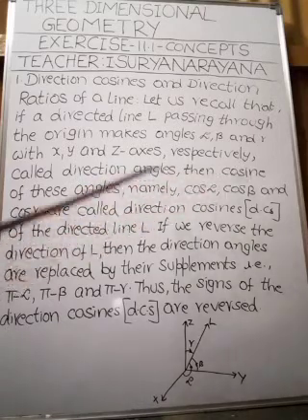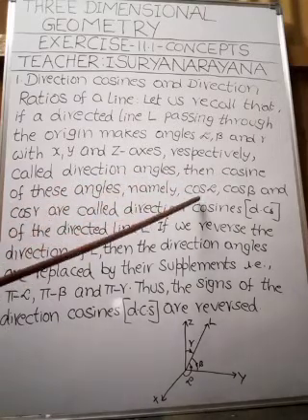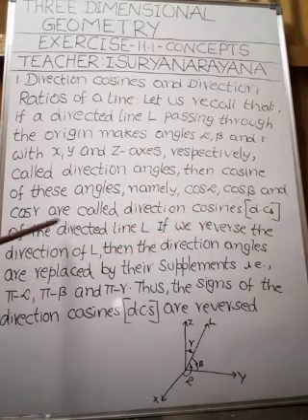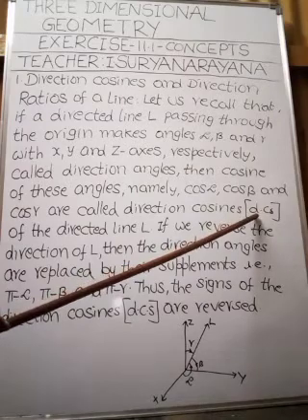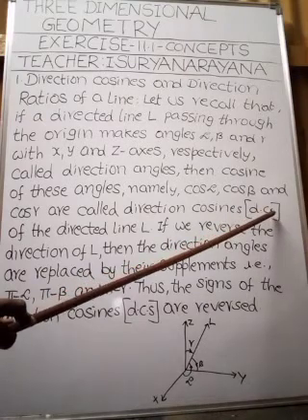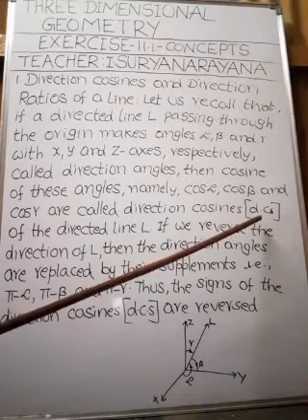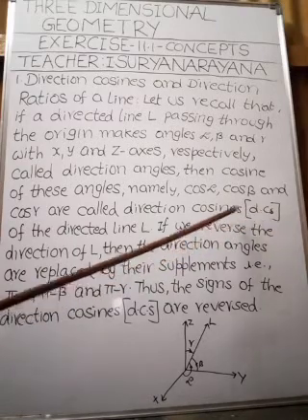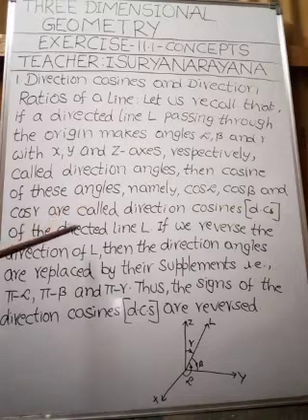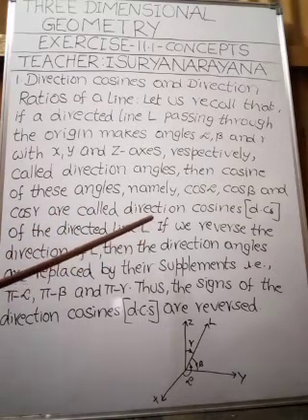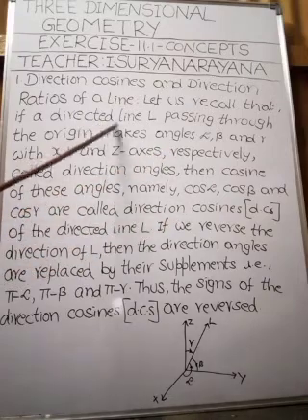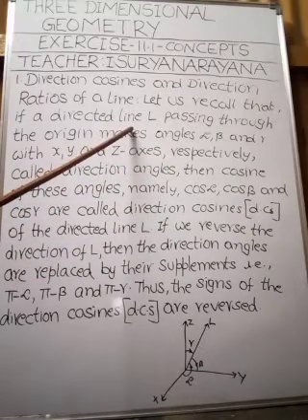Then the cosines of these angles, namely cos alpha, cos beta, and cos gamma, are called direction cosines, in short form small d.c.s. We have already discussed direction cosines and direction ratios of a vector. A directed line here is called a vector.